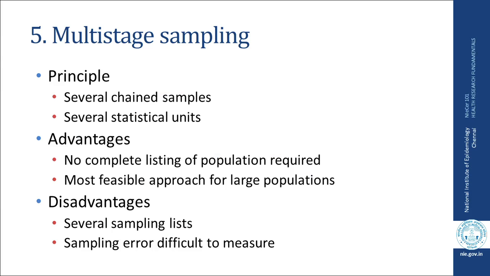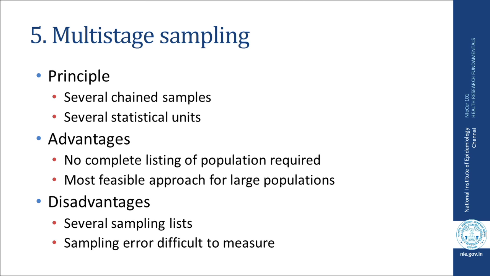Another important sampling methodology that is often employed is called multistage sampling. Especially in a very large population, suppose you want estimates at the national level, you need to do sampling in several chain samples, and several statistical units are there.